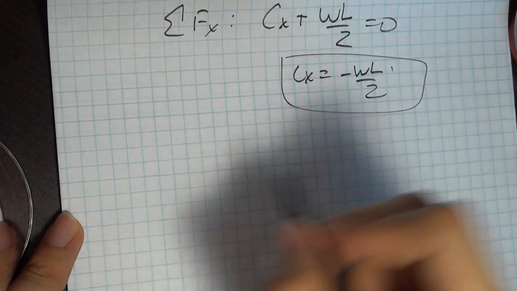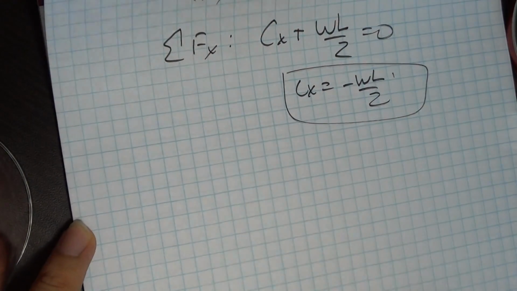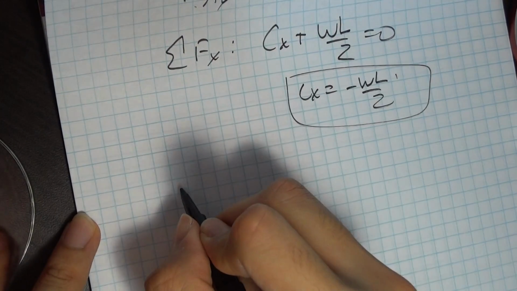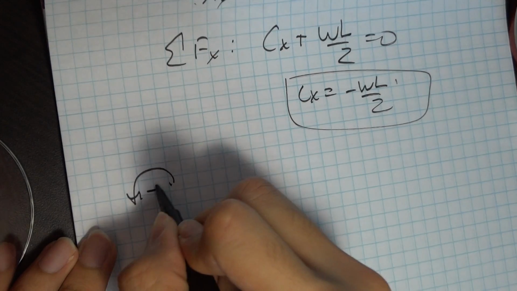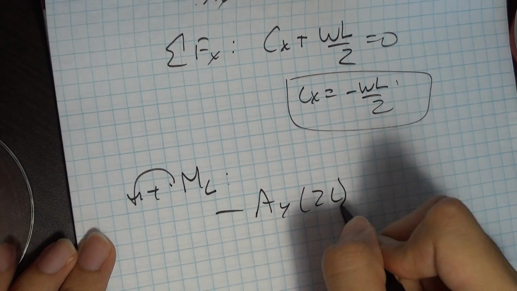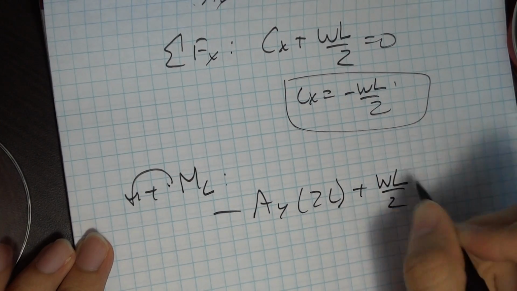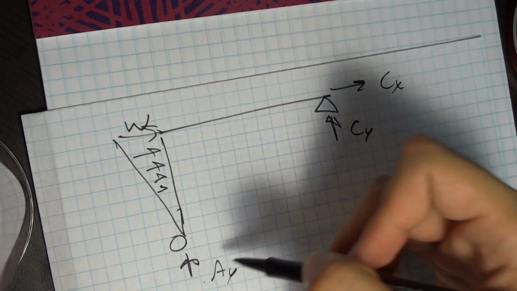Now let's do moment about point C in order to get Ay. So if we do sum of moments at C, negative Ay times 2L plus, this is force times the distance, Ay times 2L.